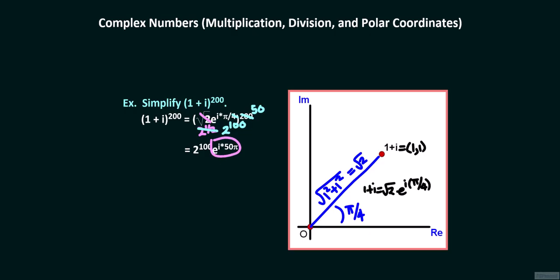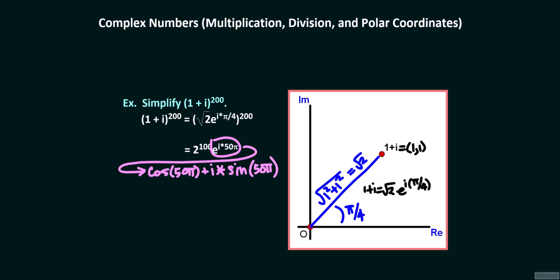E raised to the power I times 50 pi equals cosine of 50 pi plus I times sine of 50 pi. Cosine of 50 pi is 1, and sine of 50 pi is 0. Therefore, the 200th power of 1 plus I equals 2 raised to the 100th power.